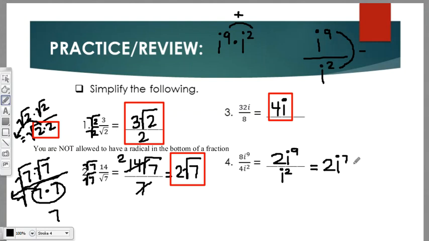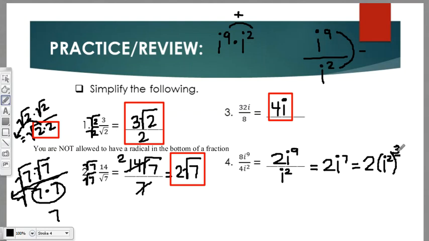Remember, what we're going to do is we're going to transform this into I raised to the second because we know I raised to the second is defined as -1. So I'm going to write 2, and instead of writing I raised to the 7th, I'm writing I raised to the second, and then the number that I place here is going to be how many times 2 goes evenly into 7, which in this case would be 3.